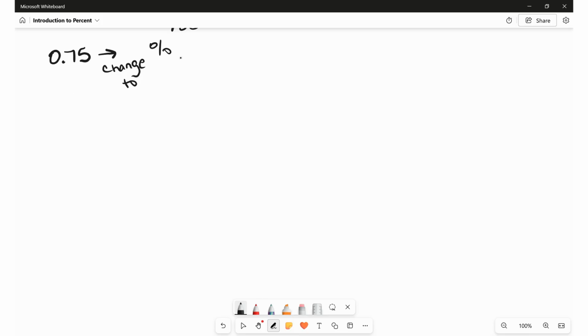If you think about this, 0.75 is also 75 hundredths if we use place value words, which is also 75%.